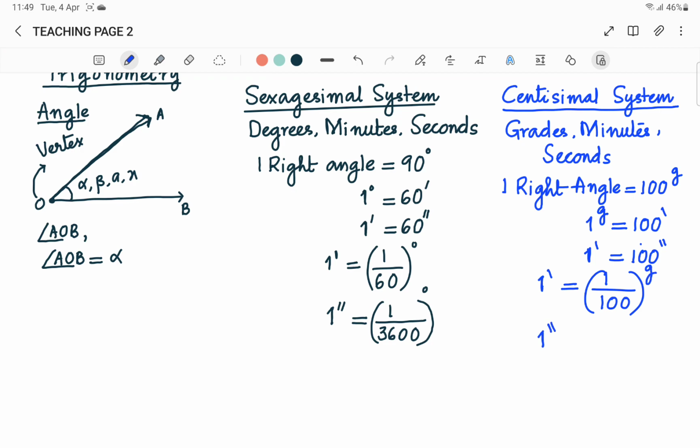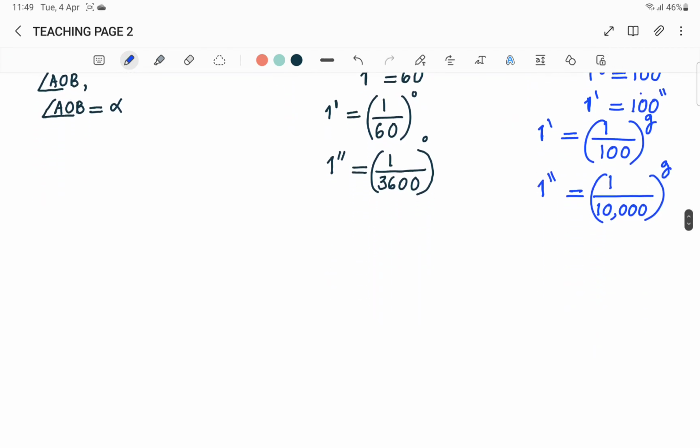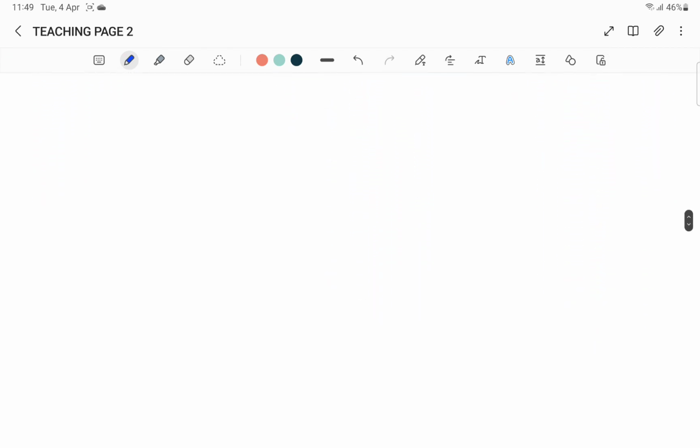If you want to write seconds in terms of grades, you should divide by 10,000. Okay.